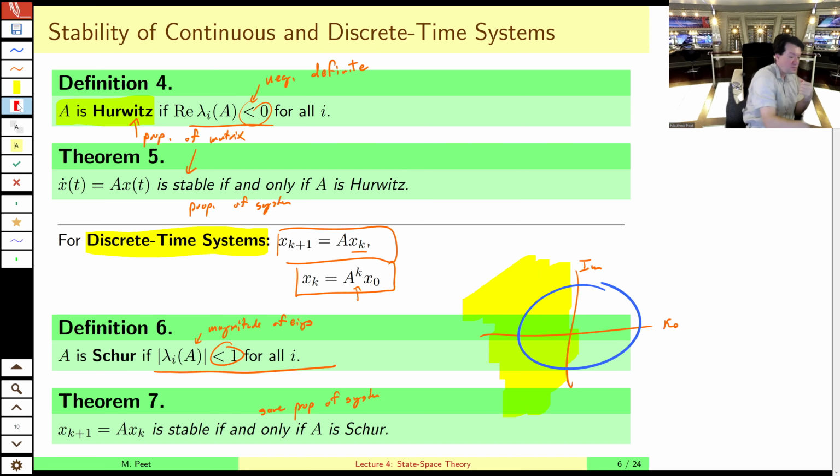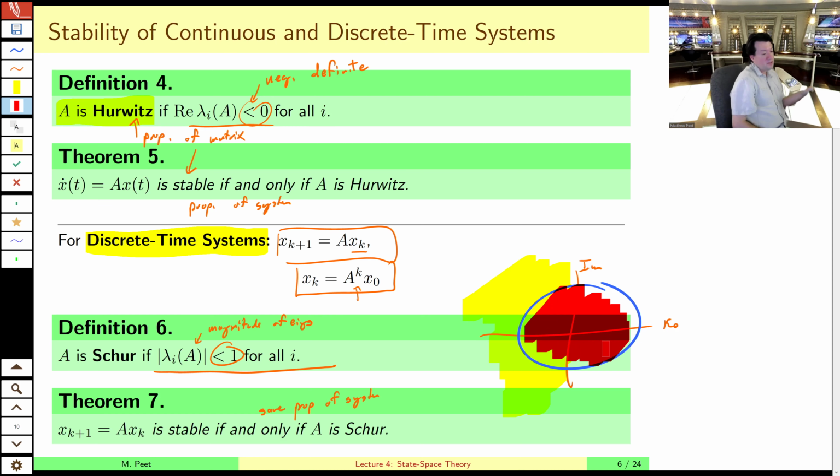So these are very different properties of the matrix A, and it's actually hard to verify in either case, but very different properties leading to the same property of the system. So the representation of the system, discrete or continuous time, actually matters quite a bit in how the properties of the system are derived.